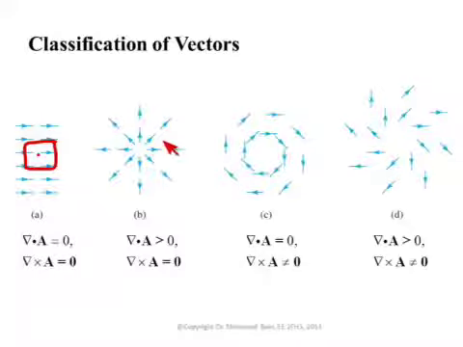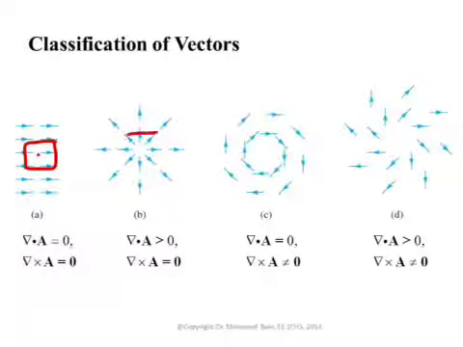This vector here, if you take a look at it, these vector lines, you can see they are all diverging from this point. So the divergence here must be positive. There must be a positive charge, as we'll see later. If these are electric field lines, this means there is a positive charge there. And if you try to calculate its curl, the curl will give you zero because of the symmetry of the field lines.